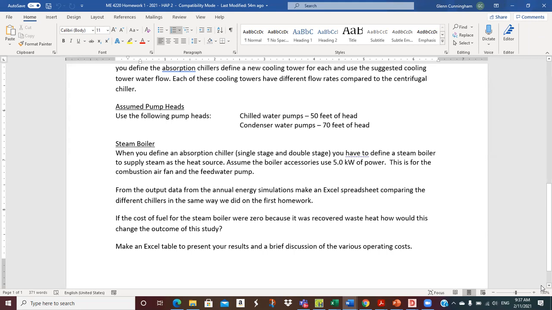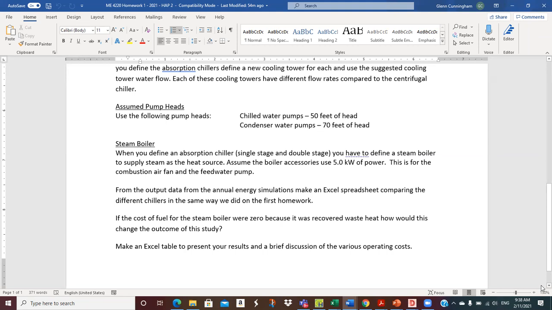This is thinking about if the heat input came from a waste heat source, like it could in some sort of industrial plant, if the cost of fuel for the steam boiler was zero because it was recovered waste heat, how would this change the outcome of the study? So see what the absorption would look like compared to the others if you didn't have to spend money for that steam boiler gas.